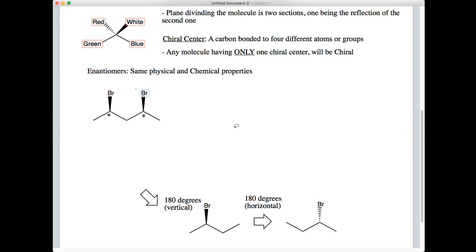Okay, guys, so because there is more than one chiral center, I need to look at the molecule and try to find a plane of symmetry, okay, to determine if the molecule is chiral or not. Is there a plane of symmetry in this molecule?